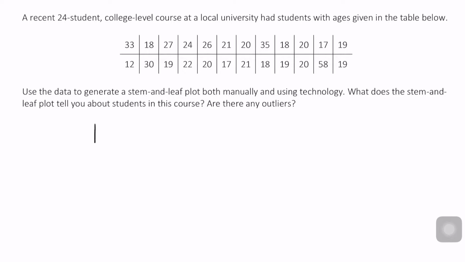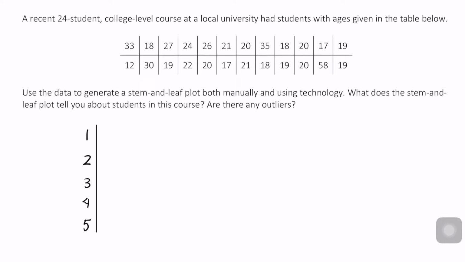So you want to start by drawing just a vertical line. And next to it, look at these numbers. I see numbers in the 30s, teens, 20s, more 30s. I see someone in their 50s. So I'm going to make sure my smallest values are for the teens and my largest is for the 50s. And I'm going to do that by writing 1, 2, 3, 4, 5.